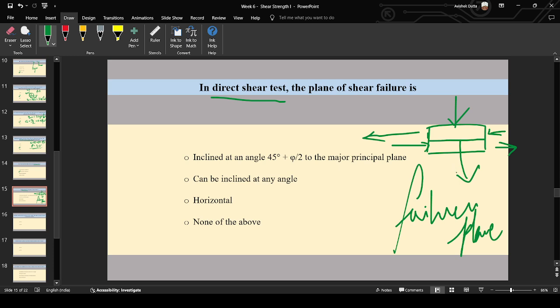This is one of the limitations of the direct shear test, that the plane of shear failure is predetermined and it is essentially horizontal. Okay, so in direct shear test the failure plane is horizontal. Third one is the correct answer.